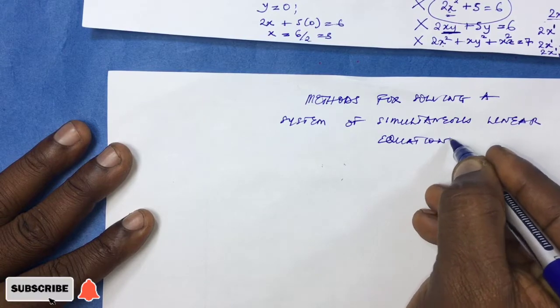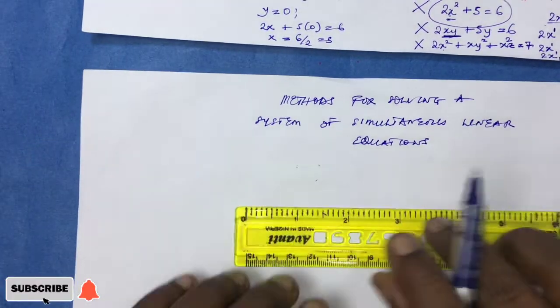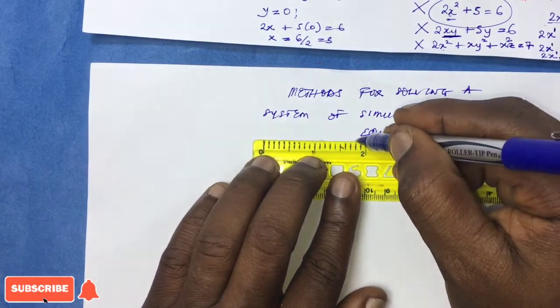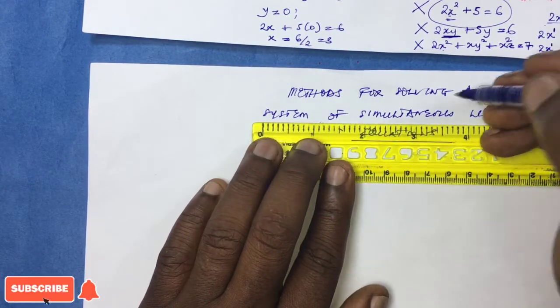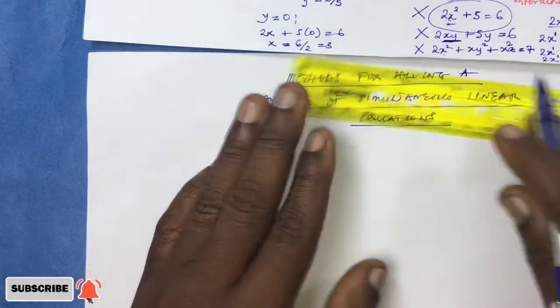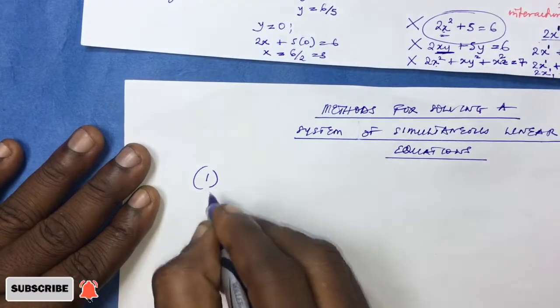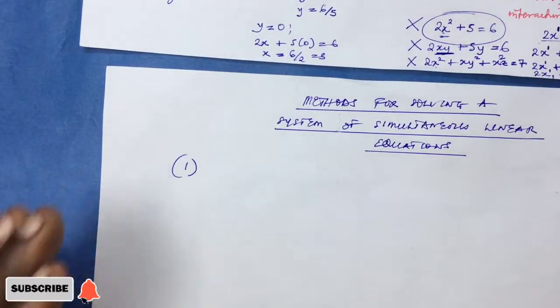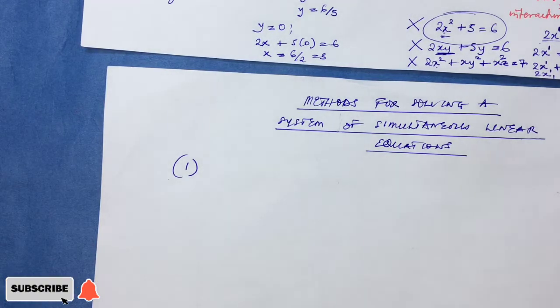I'm going to mention some methods that are available, but they won't be discussed in this video. In my subsequent videos, I'm going to be taking them one after the other. So you watch out for videos that I'm going to be uploading on this.